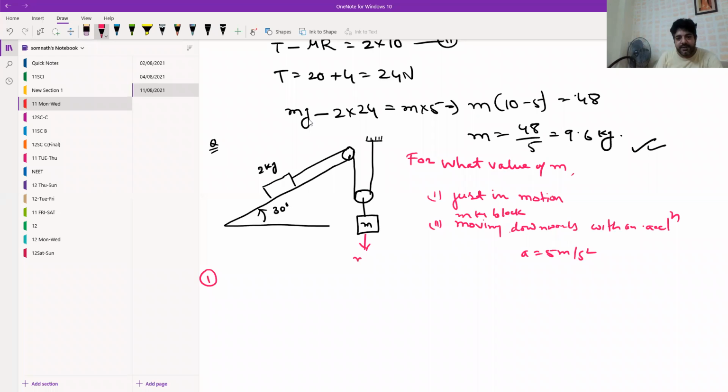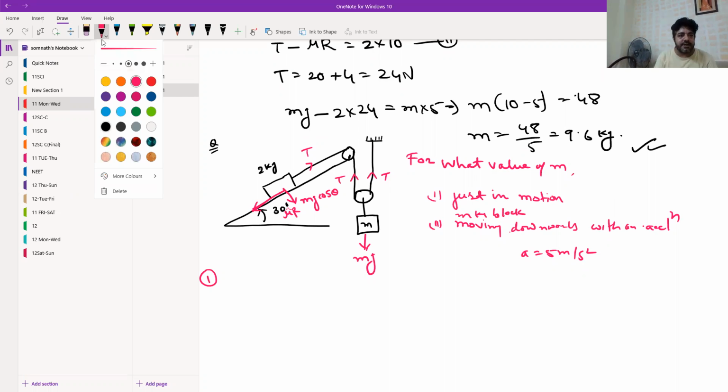mg acting downward, tension T, tendency of motion upward. So frictional force is applied downward, that is mu R. This is mg cos theta. I think all of you know, because my mg is acting downward.